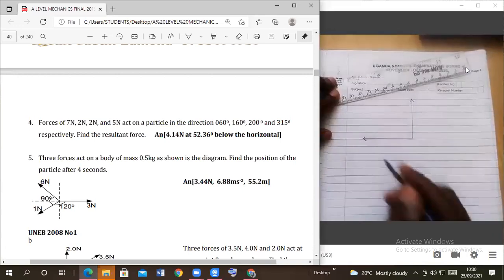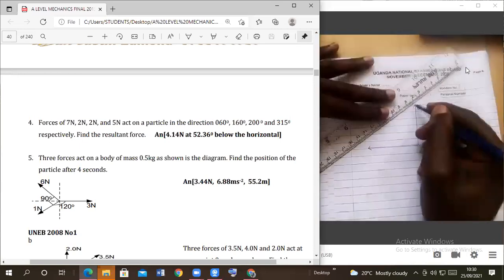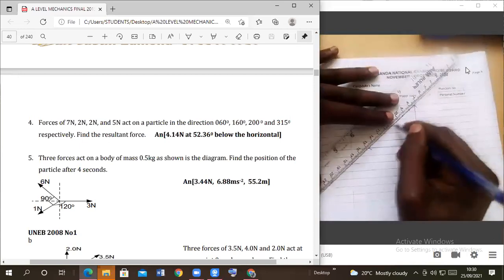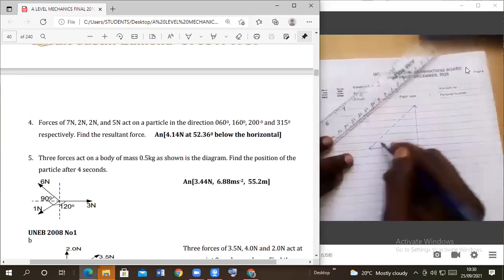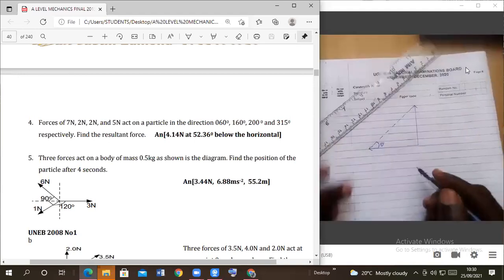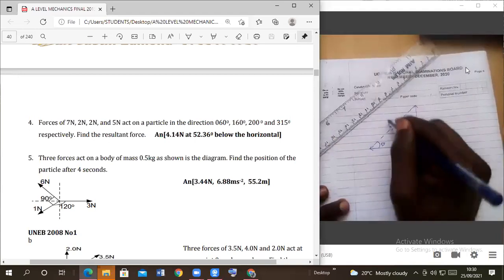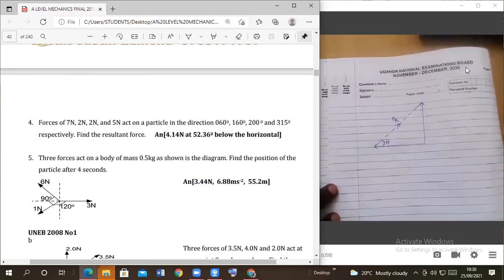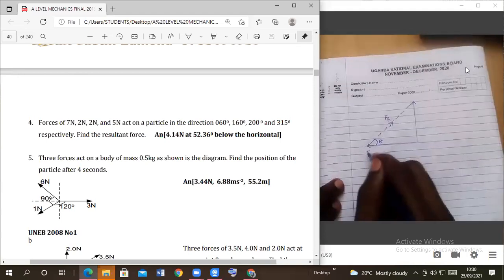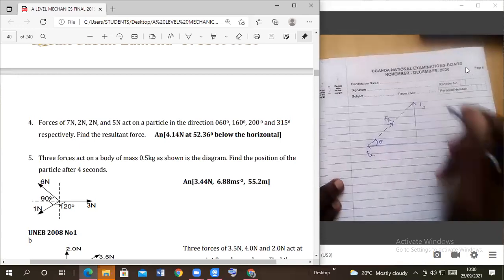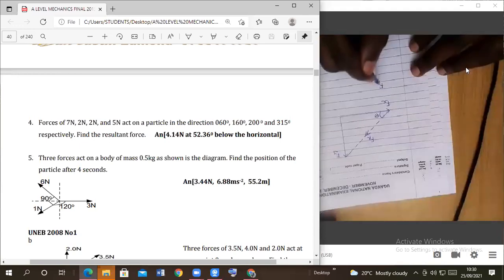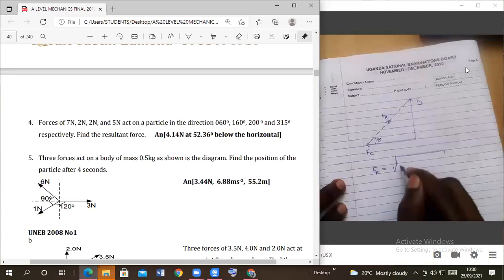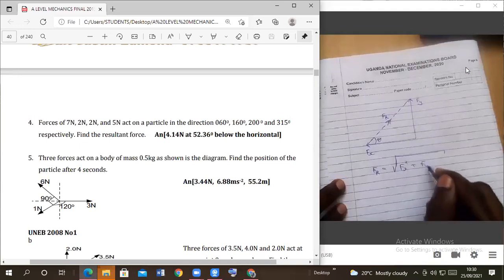So the resultant will be here, Fr, and the angle is theta. So this is Fx, Fy. So Fr is equal to the square root of Fx squared plus Fy squared.